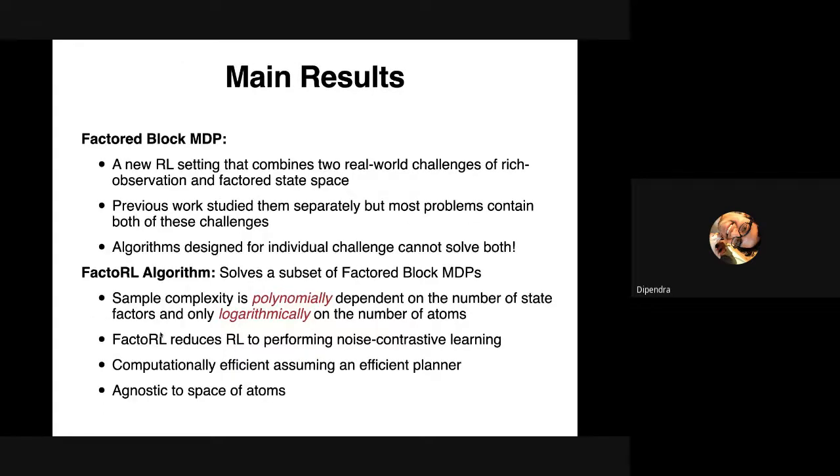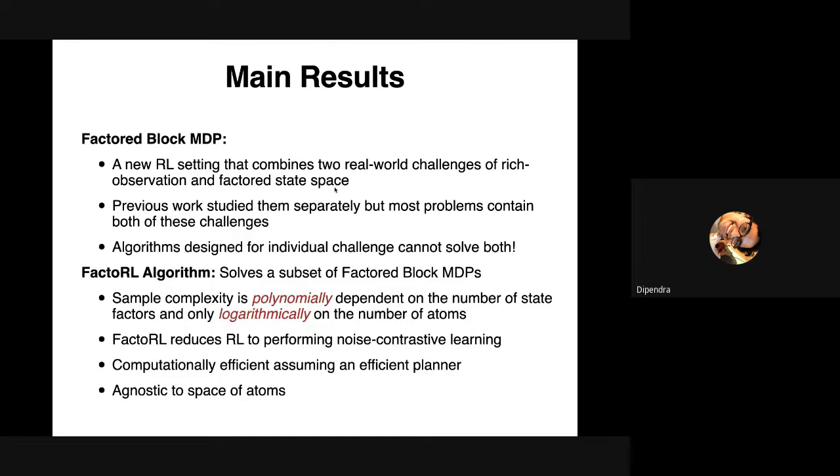So in conclusion, the contributions of this paper include a new model setting that for the first time combines the two real-world challenges of rich observation and factored state space. We argue that these two problems occur simultaneously in many real-world problems, but people have been studying these two separately.